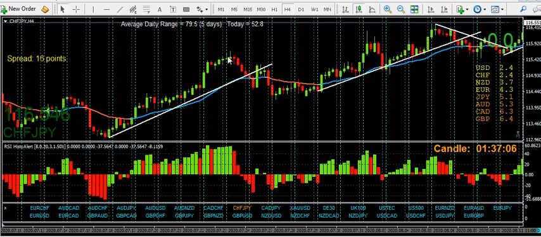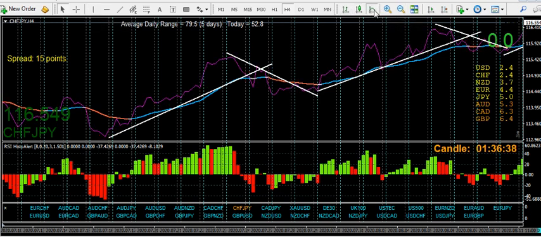And once again, to do the line properly, this low has to be broken before we can join that to the two lines. So it was validated when this low was broken here by price, so you would have struggled to get into a potential trade. Having said that, it's on an H4 chart, so let's put the line chart on there and see what actually happened without overcomplicating things too much.